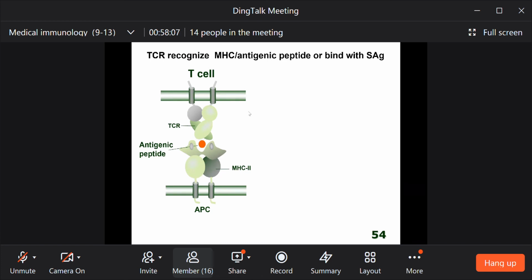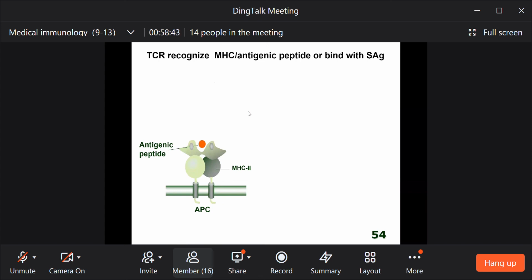We can see the diagram. The APC takes up the antigen, digests it, and presents a piece of the antigen, here called the antigen peptide. The antigen peptide is presented by the APC on MHC class 1 or class 2. Here shown is MHC class 2.